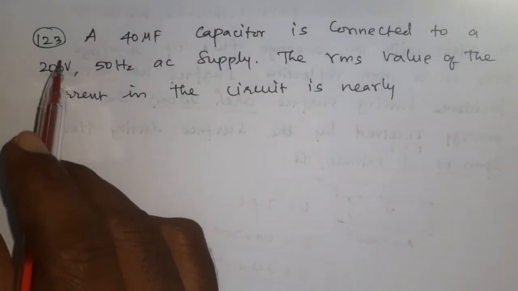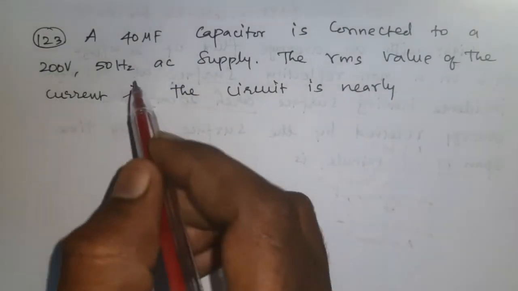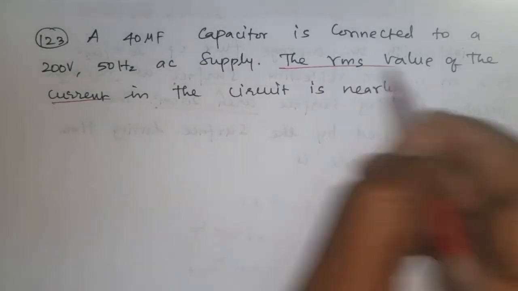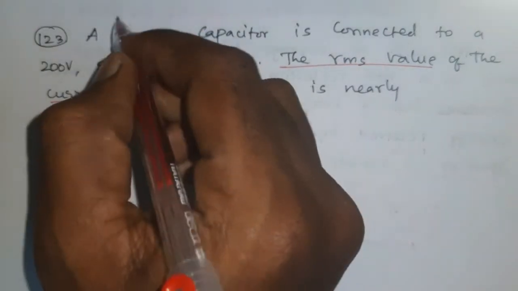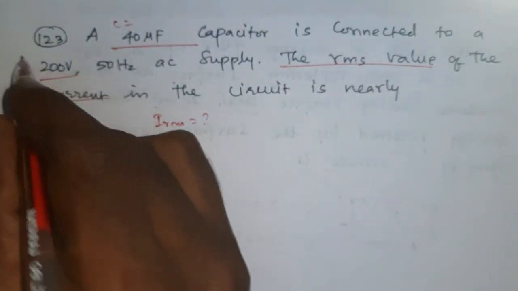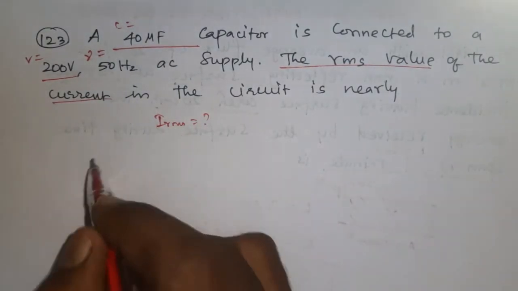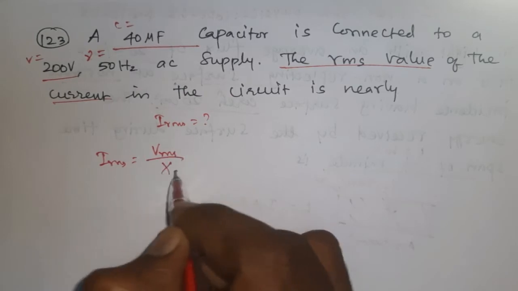Question number 123. A 40 microfarad capacitor is connected to a 200 volt, 50 Hz AC supply. The RMS value of the current. So we have to find the RMS value of the current. Here the capacitance value C, the voltage value and the frequency value are given. We are going to find the IRMS. So the IRMS formula is VRMS by XC.